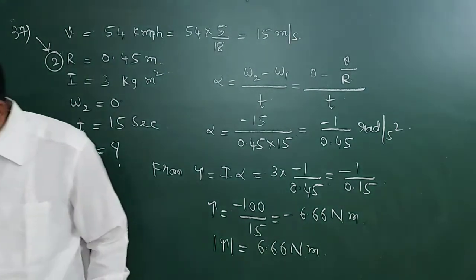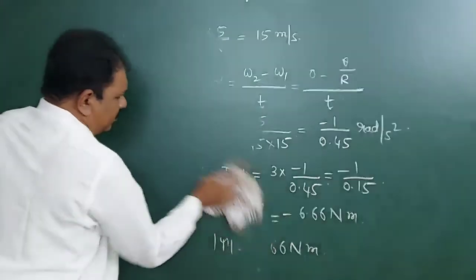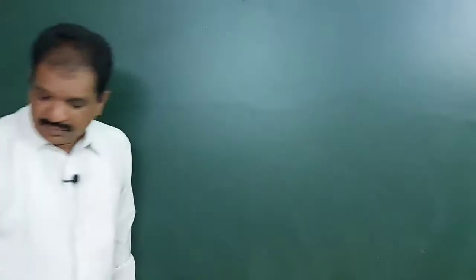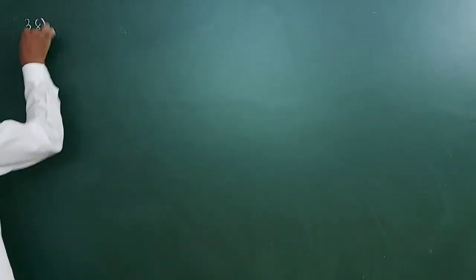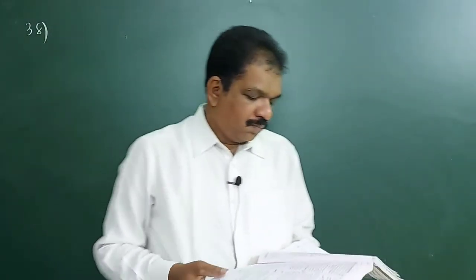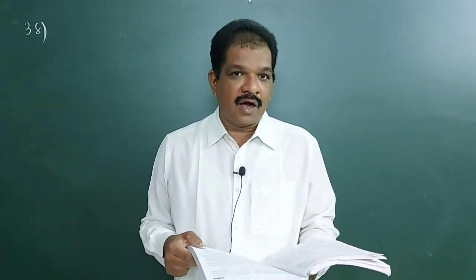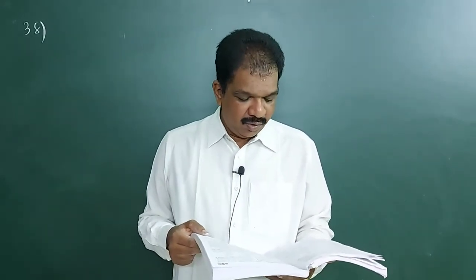Next, 38. What they are asking, see, point masses m1 and m2 are placed at the opposite ends of a rigid rod of length L and negligible mass.